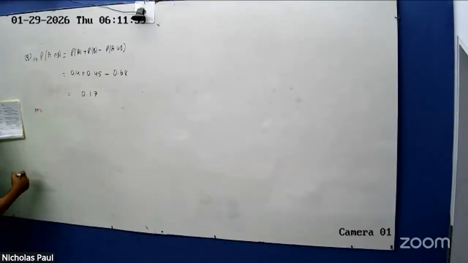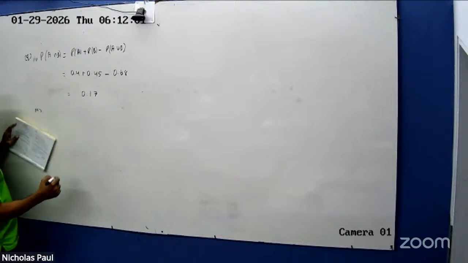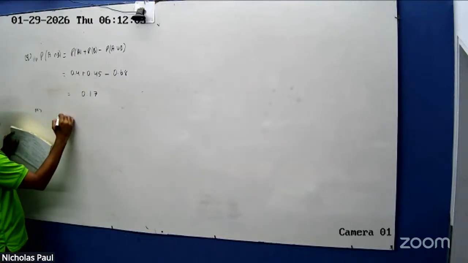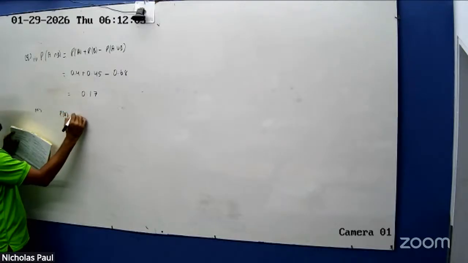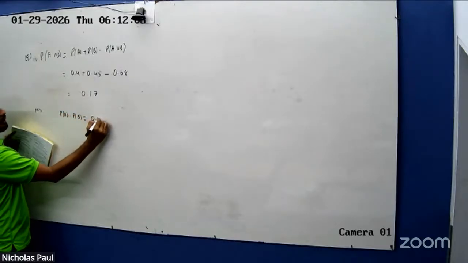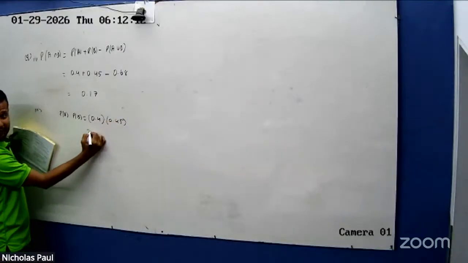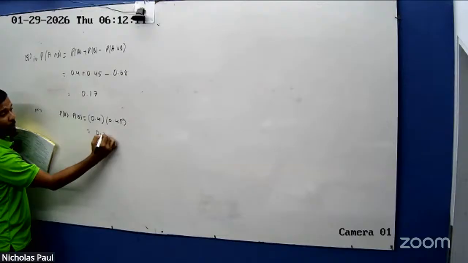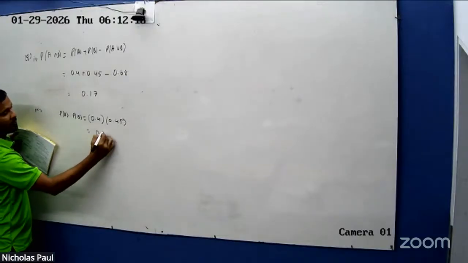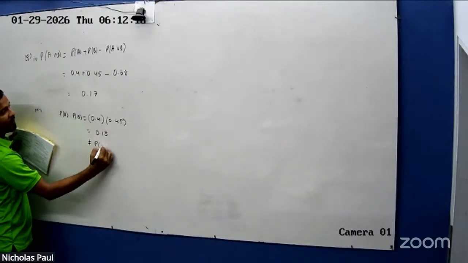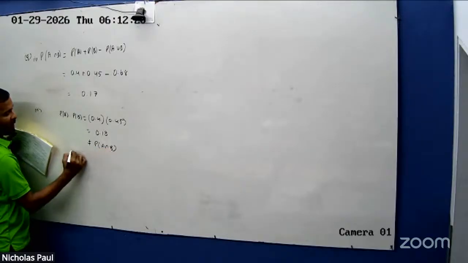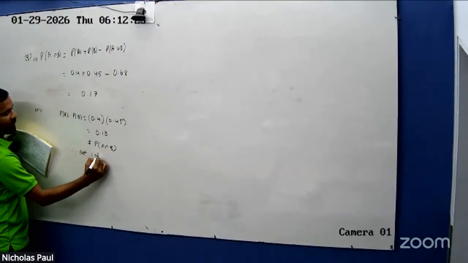Part 2, determine whether it's independent. Well, to check if independent, multiply the probability of A by the probability of B. That's 0.4 by 0.45. How much is that? 0.18, which is not equal to A and B. Therefore, not independent.